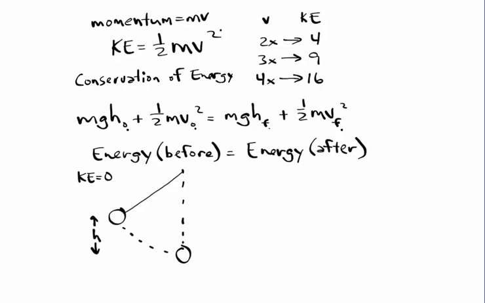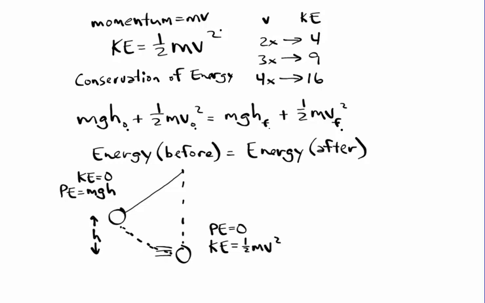Since it's up there, the potential energy before I let go is mgh. Now I'm going to let this thing go, and it's going to move down and be moving at the bottom. Now, since I define the bottom as the place where the potential energy is 0, at the bottom it has no potential energy. But it is moving, so it has kinetic energy.